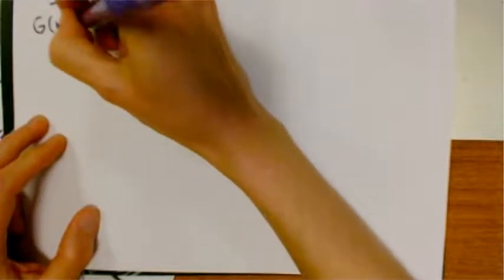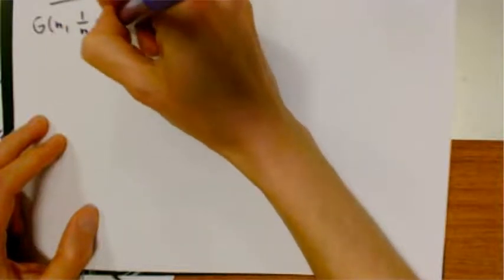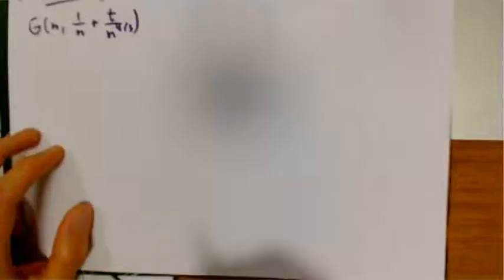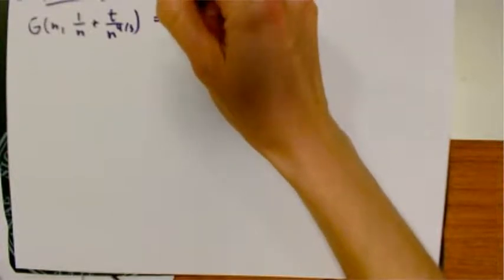Okay, so there is a theorem, from '96, '97, saying that if I have a random graph G of 1 over n plus t over n to the 4/3, and I draw a random graph from this model, this is my G.